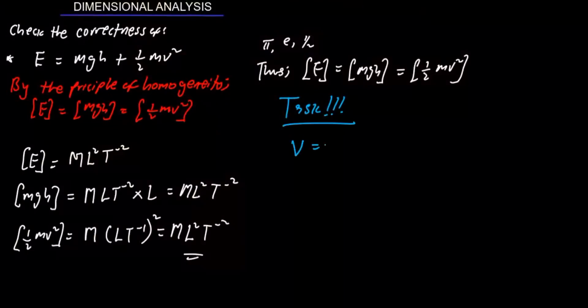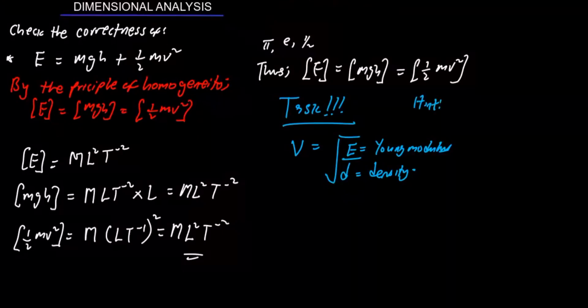V equal square root of E over D, where E represents the Young modulus and D represents the density. And remember, Young modulus is stress over strain. Let me give you hints.